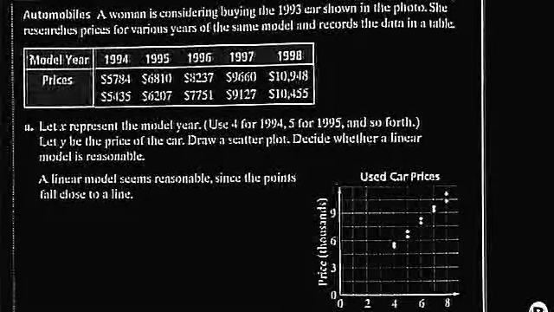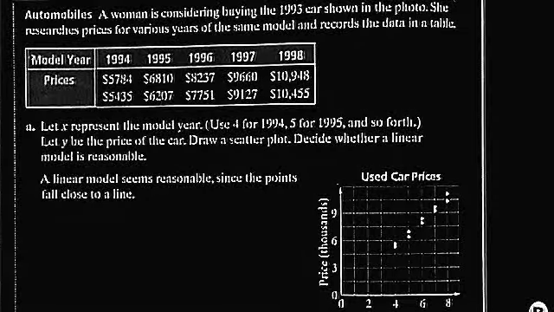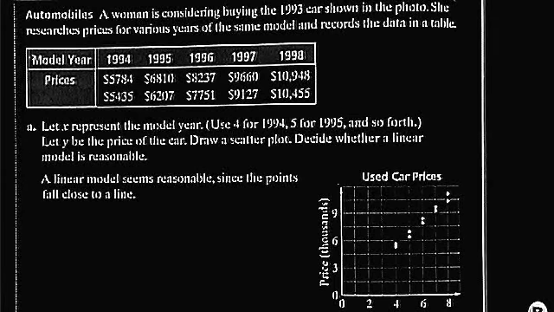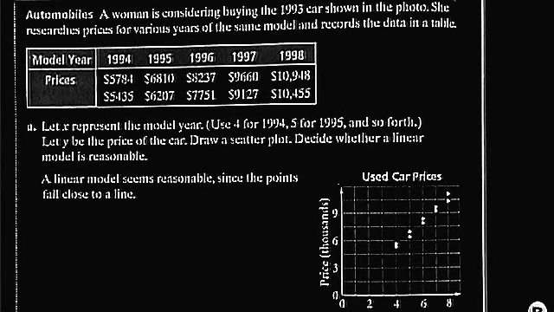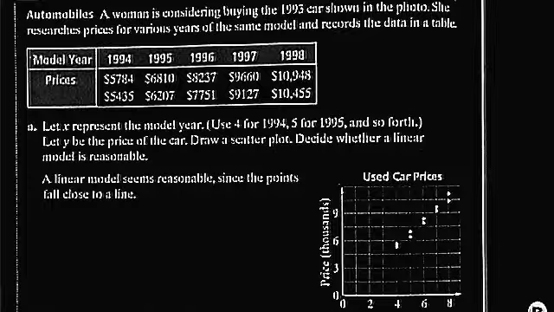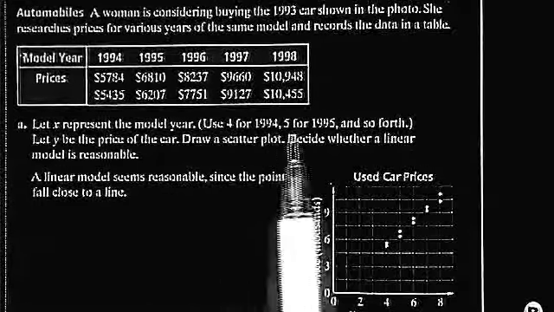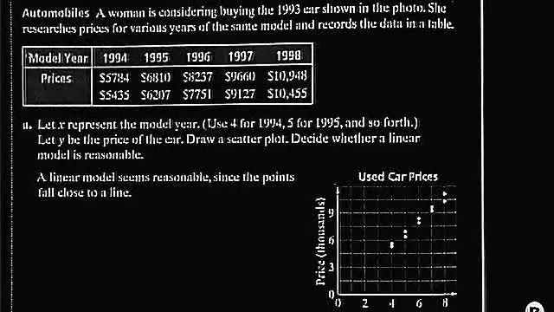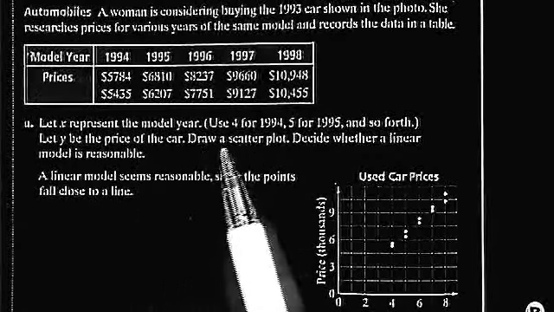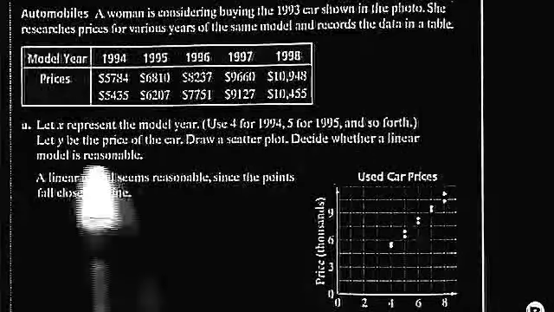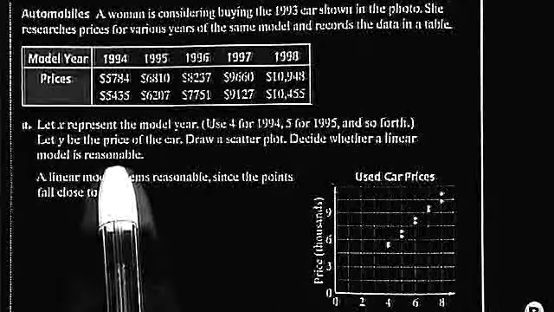She researches prices for various years of the same model and records the data in a table. So she has the years and the prices. They also show you that they're going to use 4 for 1994, 5 for 1995, and so on, and let y be the price of the car. Draw a scatter plot, and then decide whether a linear model is reasonable.